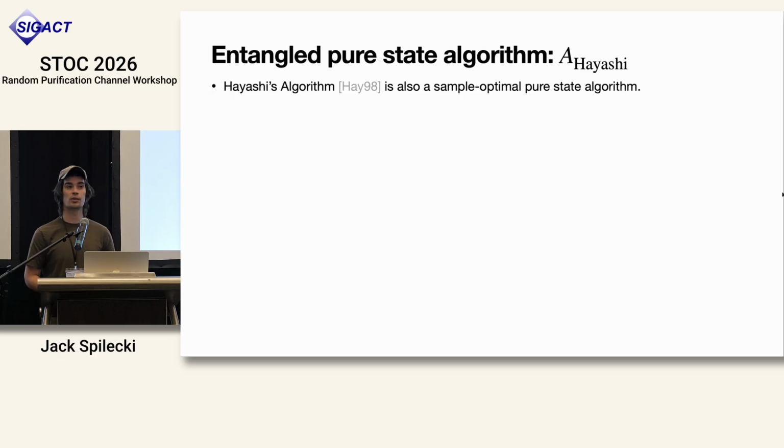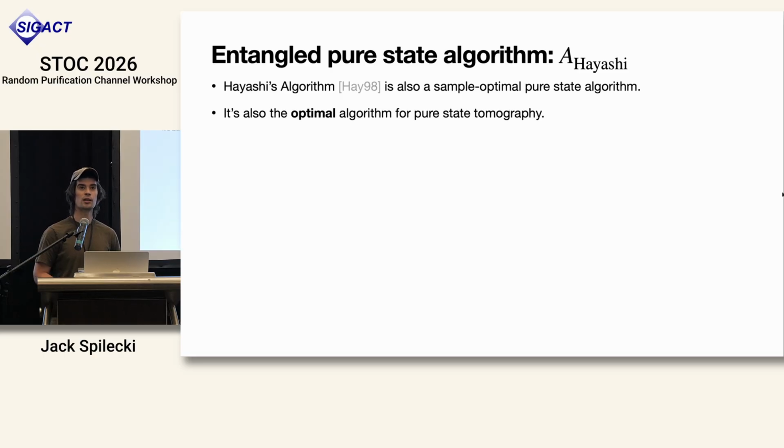Hayashi's algorithm is, as I mentioned before, a sample optimal tomography algorithm for pure states. But actually, in a certain information theoretic sense, it's also the best one. So it's stronger than the one we considered before. It does use entangled measurements, and we don't currently know how to implement it efficiently, but we'll be able to use it to get better sample complexities.